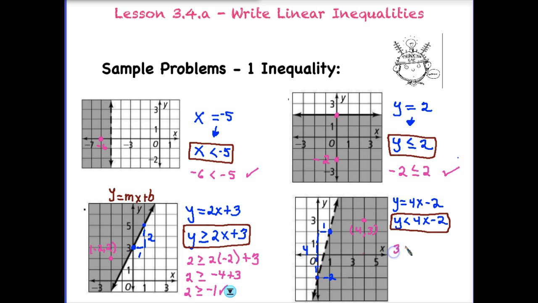So substitute 3 in for y, and substitute 4 in for x. Then I'm just evaluating to make sure that the left side of my equation is less than the right side. 3 is definitely less than 14, so our equation is correct, and I know that I've done a good job. Okay, let's go to our final examples.